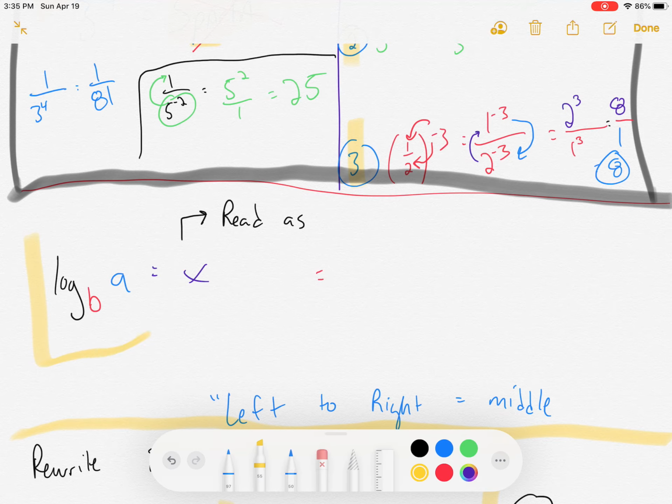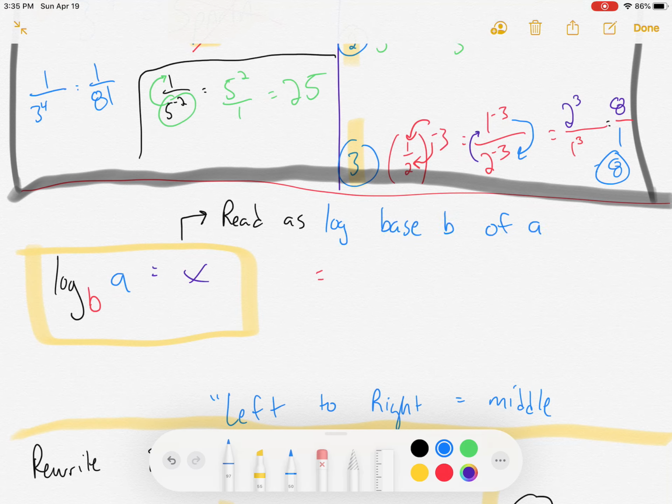Now, let's apply this to logs a little bit. First of all, you need to know how to read this. Read the whole thing, not just part of it. This is read as log base b of a equals x. You have to know how to say this, and it's very important, especially this base part.